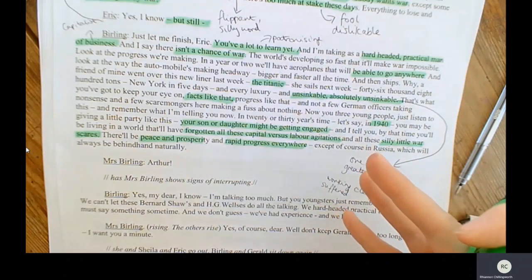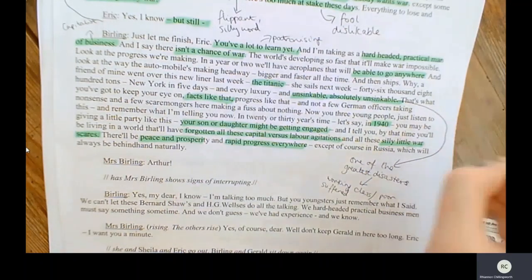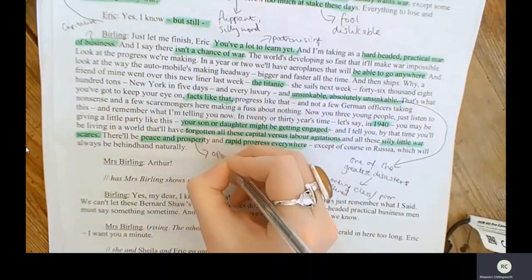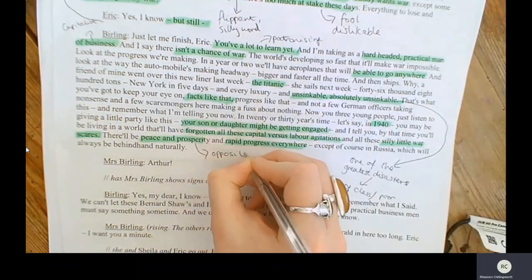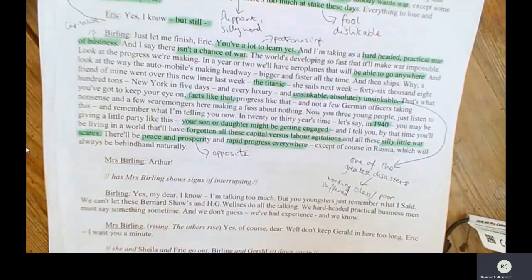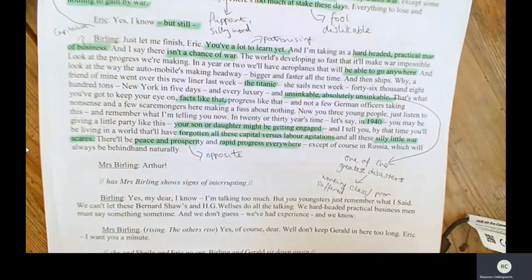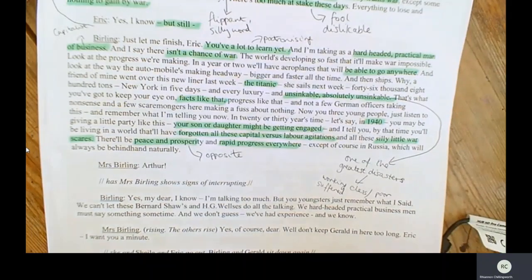They would not have forgotten the wars. There will not be peace and prosperity. There will, in fact, be the total opposite. The world has to pick itself up off the ground and really try and repair itself from the devastation of both wars. So he's been presented as a complete fool.